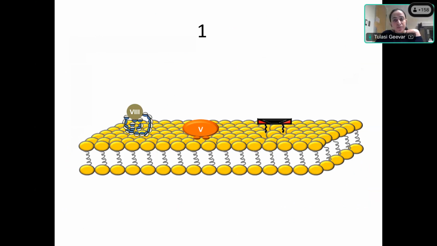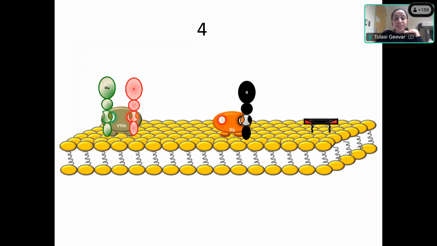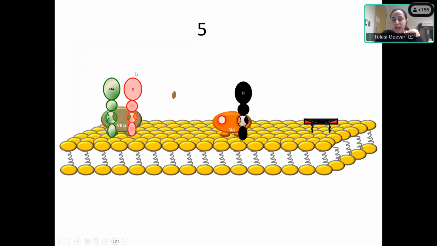This is the surface of the platelet, which has now got activated 5 and 8. Now we saw the thrombin activates the cofactor 5 and 8 in the amplification step. This leads to the formation of the tenase complex formed by the factor 8, factor 9A and 10. Now this brings the 9A and the 10 together and leads to the activation of 10.